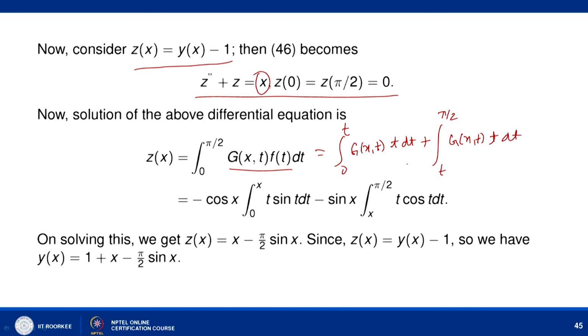In the first region, t is less than or equal to x, so t goes from 0 up to x, and x is greater than t.